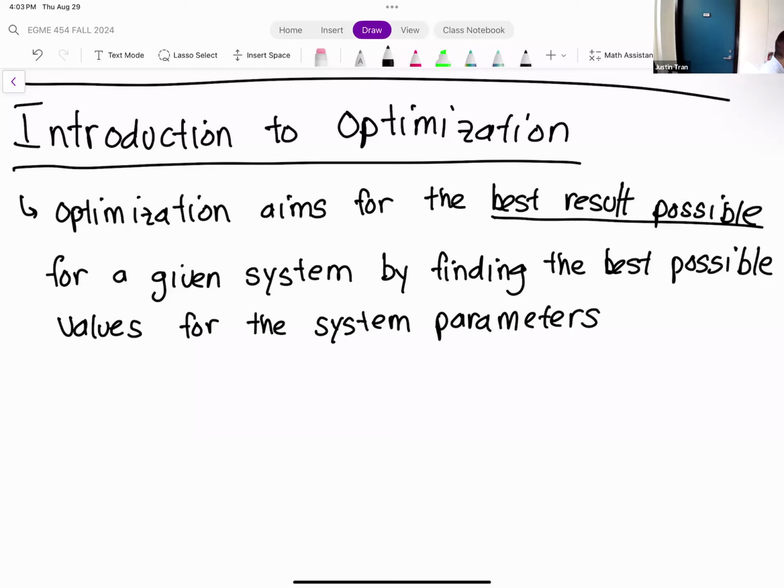So the assumption when you're working with an optimization problem, when you're getting to the step of optimization, is that the system parameters have already been defined. So you're not adding any new variables or anything like that. You already have a design in mind, and you just want to optimize the design to get the most possible performance out of it.